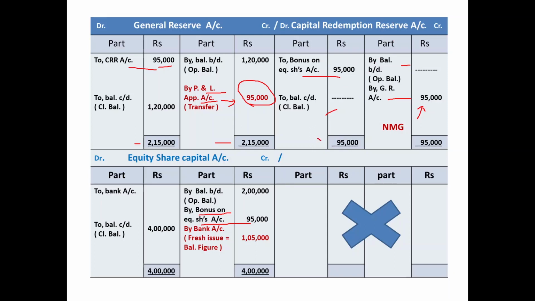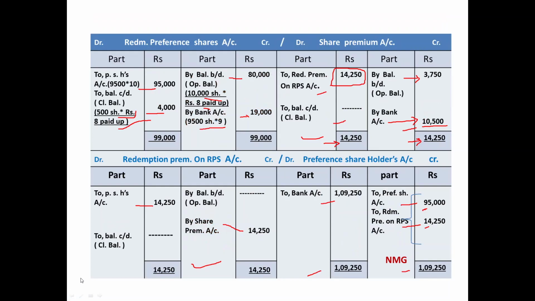So CRR account is also over. So total 6 ledger accounts got over due to the RPS process. Let us consider from the viewpoint of fund flow statement impact all these 6 ledger accounts one by one.